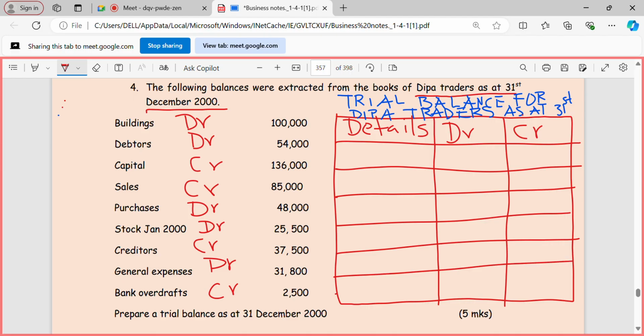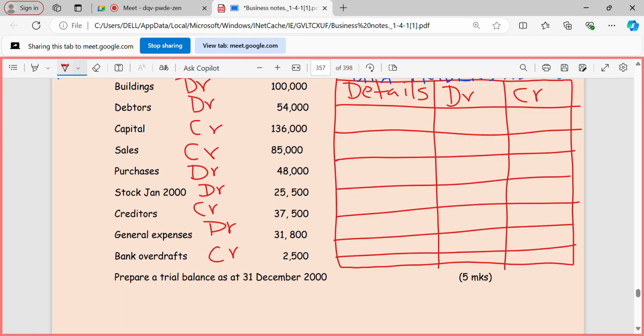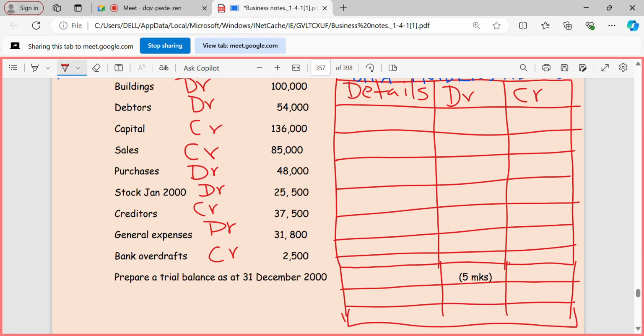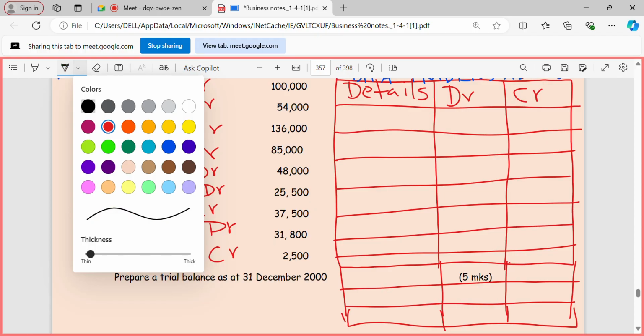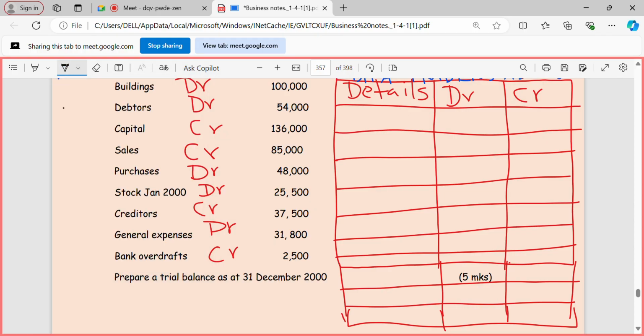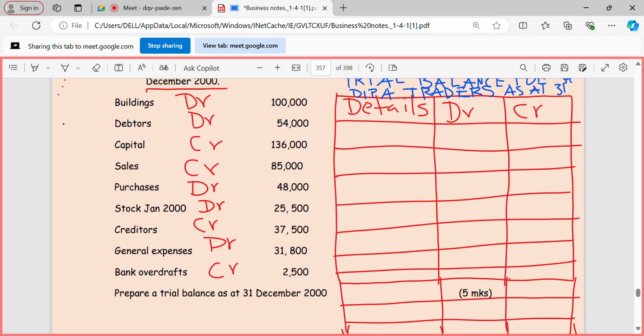Then after that you prepare your table in a manner that you have the details. Here we have the details. Then we have the debit side and we have the credit side. So how many of these items do we have? 1, 2, 3, 4, 5, 6, 7, 8, 9.